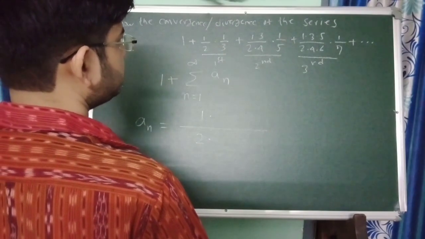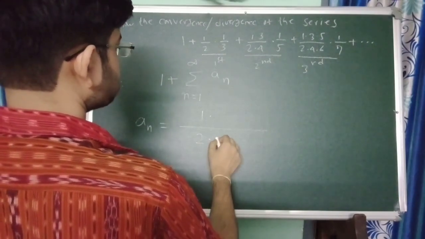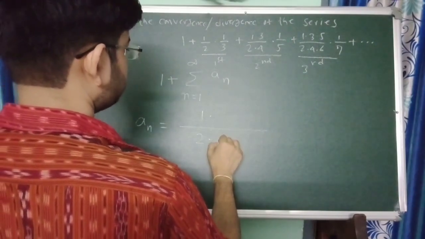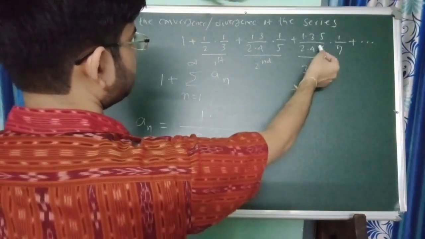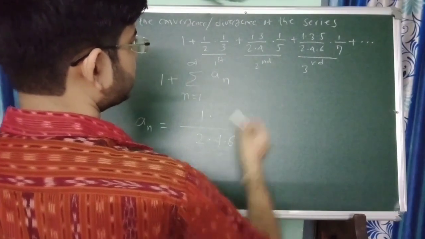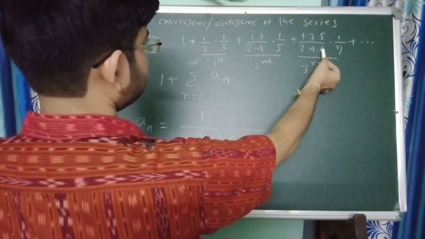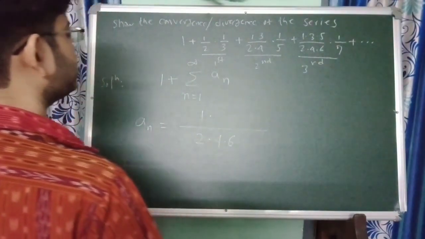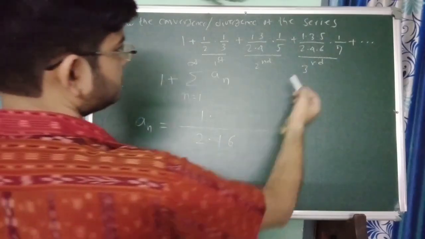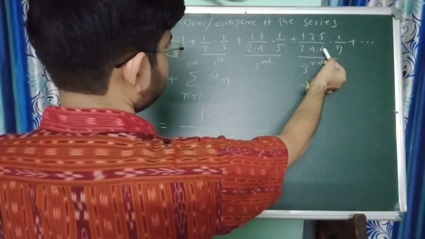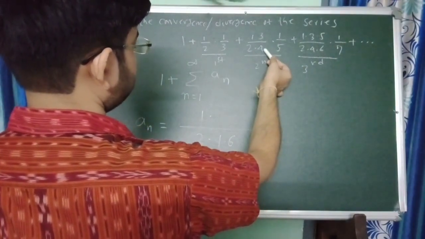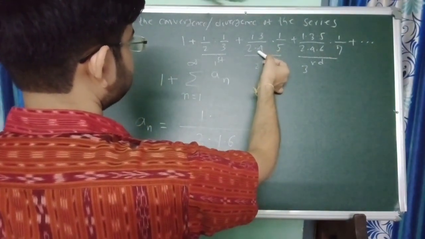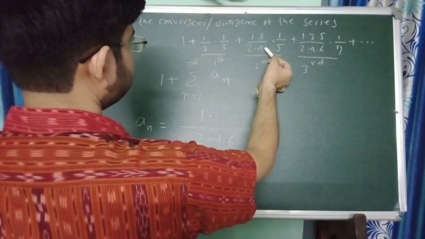Next number is 4, 6. In the third term, the last number of the denominator part is 6, which is 2 into 3, and in the second term the denominator part ends at 4, which is 2 into 2.